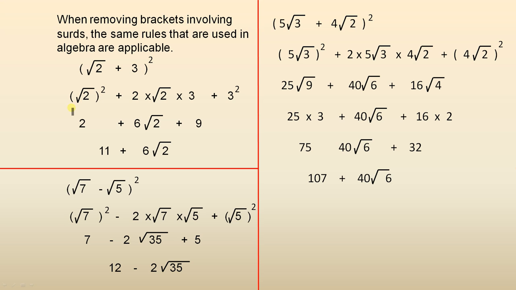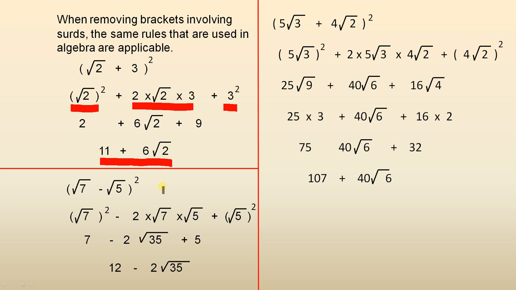So here is the first term squared, here is the second term squared, twice their product. The square root of 2 all squared is 2. 3 squared is 9, and this part works out as 6 root 2. When you simplify that line, 11 plus 6 root 2.